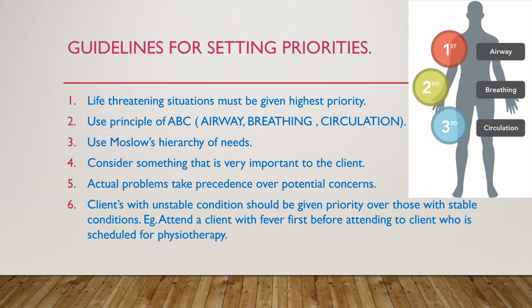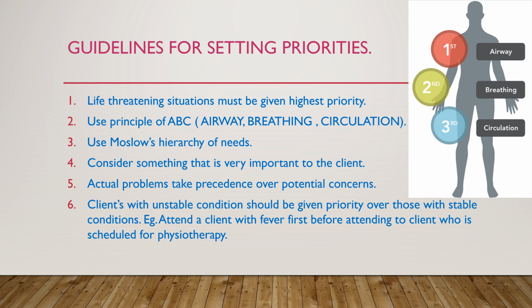Then the second thing will be the use of the principle of ABC, that is airway, breathing and circulation. In ABC, the first priority is given to airway clearance. You have a patient not breathing well, or circulation stopped.